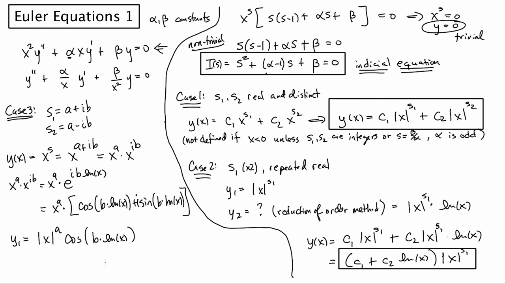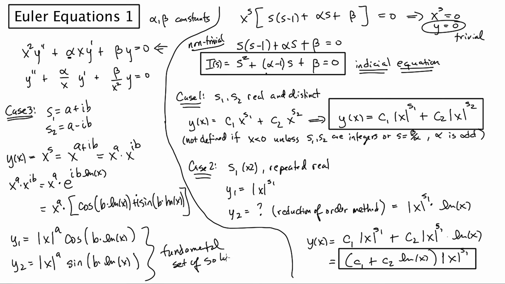That's the y1 value. And the y2, which forms the second part of our fundamental set, is x to the a sine of b times natural log of x. So this forms my fundamental set in the case where I have complex roots of the indicial equation.